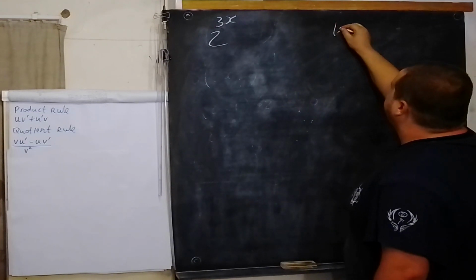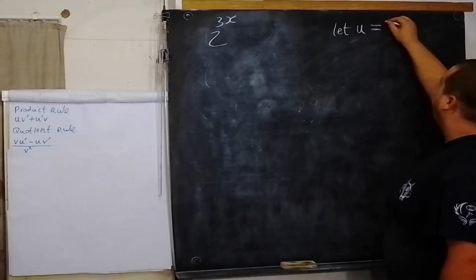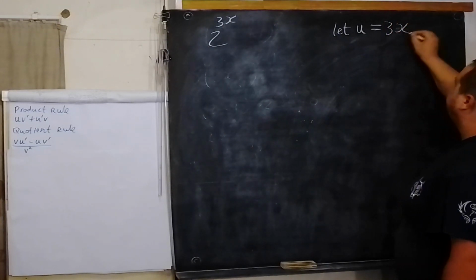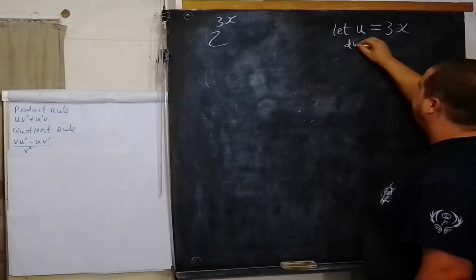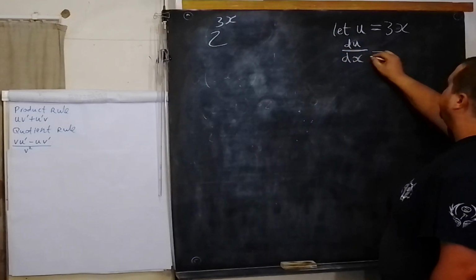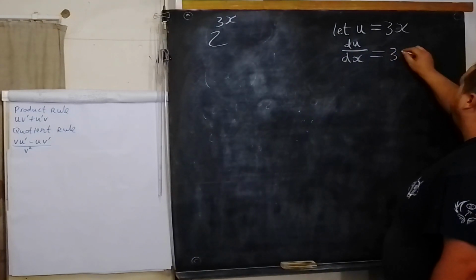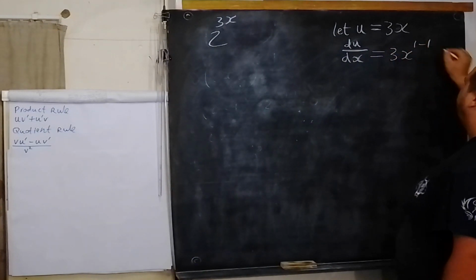So let u equal 3x, and du over dx equals 3x to the power 1 minus 1.